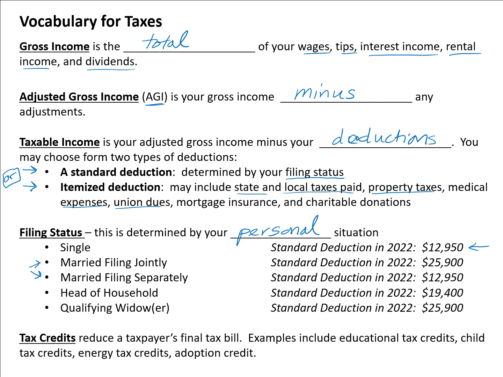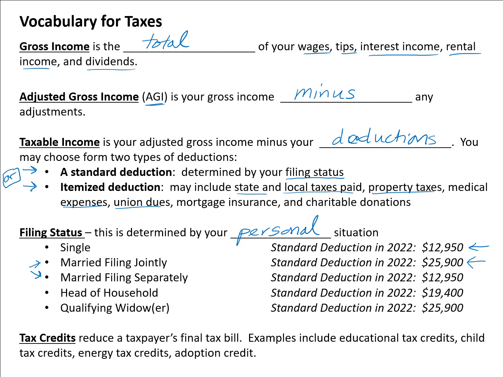You can have a filing status of married filing jointly, in which you and your spouse file a single tax form together. And your standard deduction, if you're married and filing jointly, would be $25,900. That's actually double what the single standard deduction would be, because you are filing as a couple, as 2 people. So it makes sense that the standard deduction for 2 people is double what it would be for 1 person.